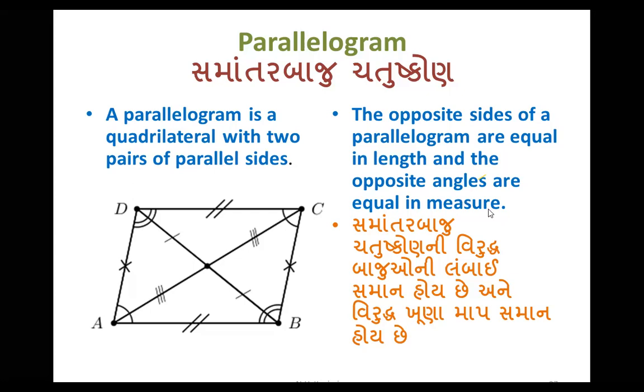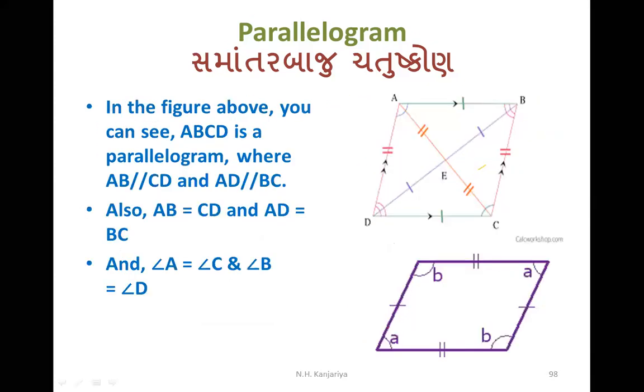Now moving on the next one. Here are some more properties. Here the AB and CD are parallel, AD and BC are parallel. So AB is equal to DC and AD is equal to BC. Similarly, the opposite angles and opposite sides are equal.